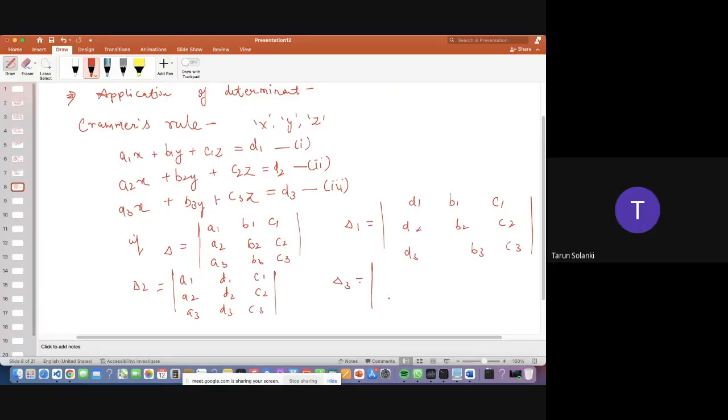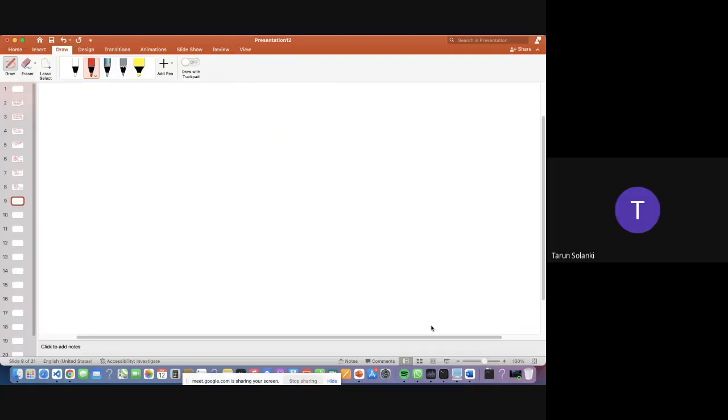Delta 3 is a1, b1, d1, a2, b2, d2, a3, b3, d3. So using all these equations, by Cramer's rule of determinants, we get x by delta 1 is equal to y by delta 2 is equal to z by delta 3.